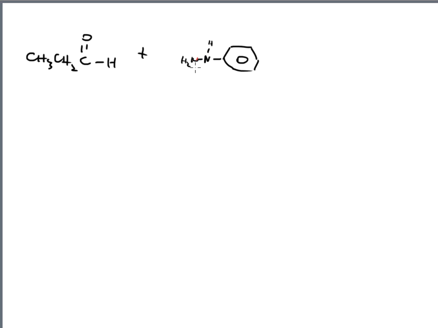This nitrogen that we see here has 2 hydrogens and is connected to a nitrogen. There's a total of 3 bonds. That's why it's neutral. And then this nitrogen here, it's got a hydrogen bond, and then it has another bond to a nitrogen, and then it has a bond to the phenol ring or the benzene ring. That is a total of 3, and once again, that is why that is neutral.